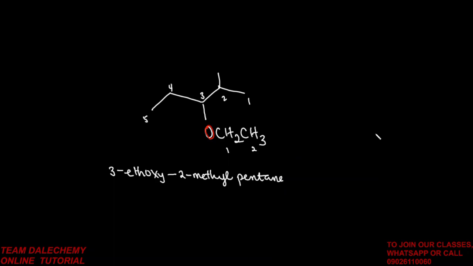Now let's look at this compound over here. You can see that the longest continuous carbon chain over here is 1 2 3. When you check this side, we have oxygen here, so we have just one carbon here, then 1, 2, 3. So this is longer than this, and when you check this as well, we have one carbon over here, and then 1, 2, 3.